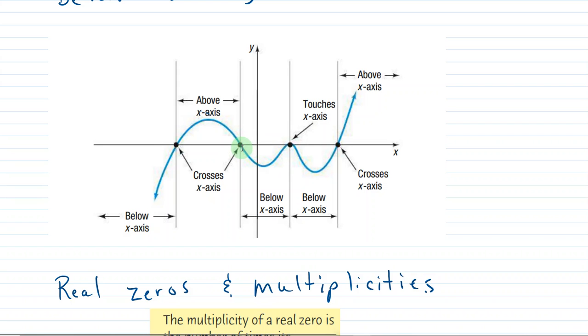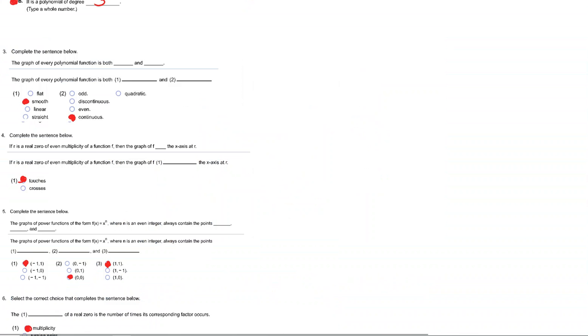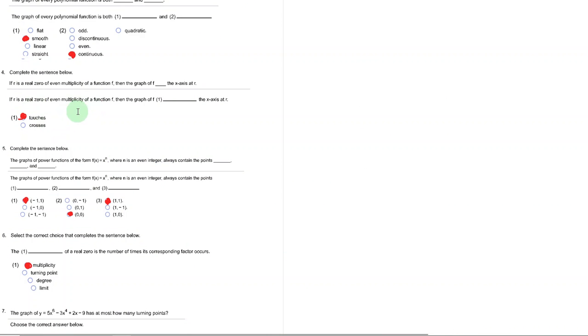But if it's an even multiplicity right here, it touches the x-axis, doesn't go through it. So the odd ones do go through right there. Both of those cross. That one crosses. This one just touches. That's where you'll have one of those repeated roots. So let's go back to our problem. That one was that one.